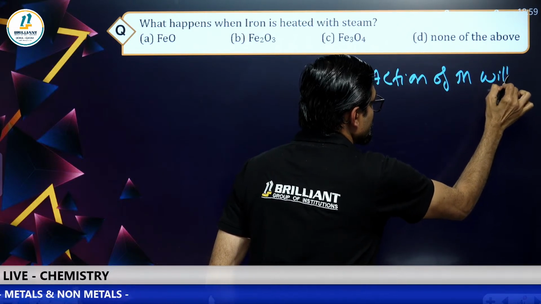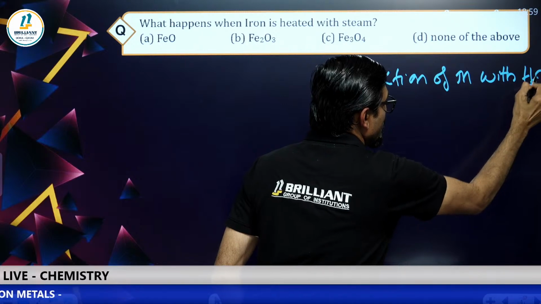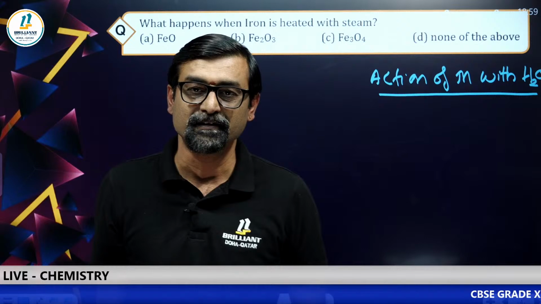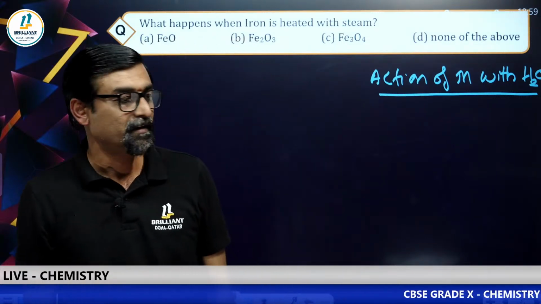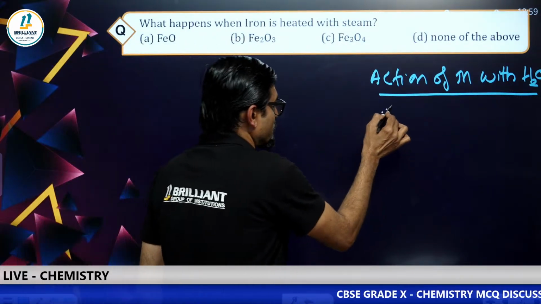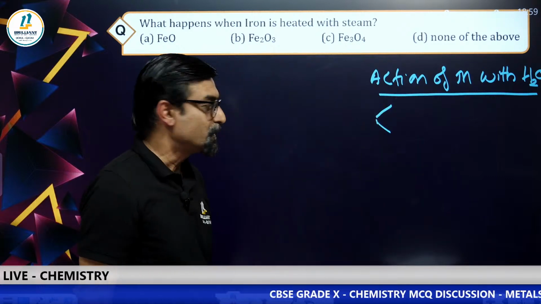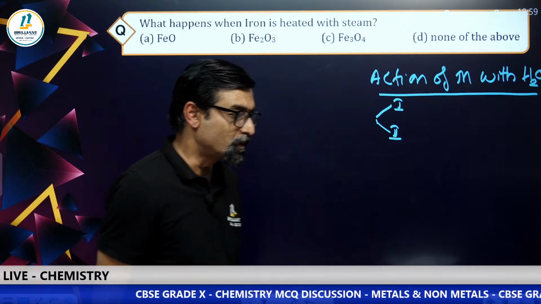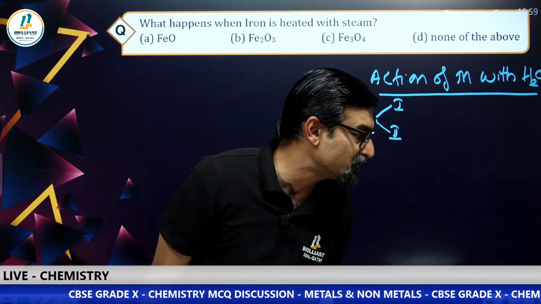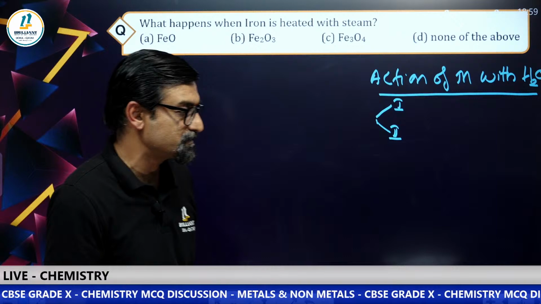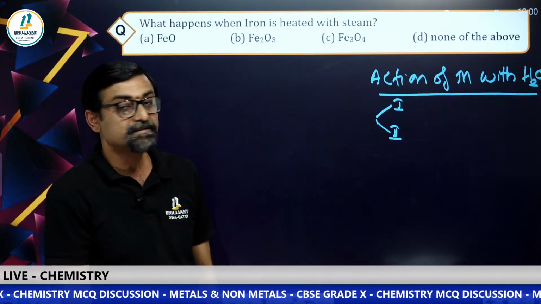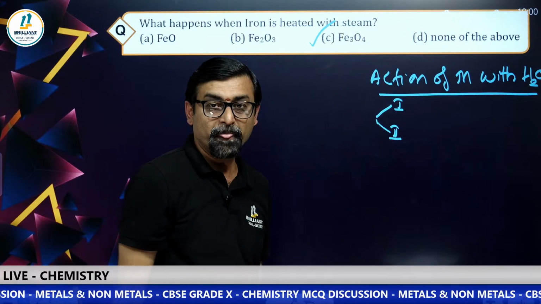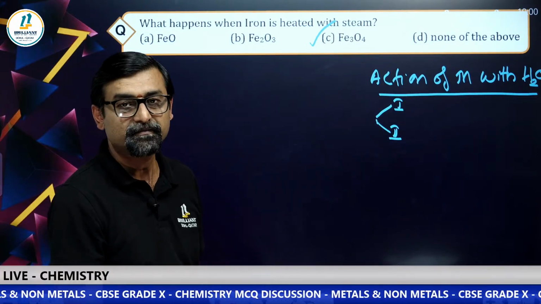This action of metals takes place in two steps, step 1 and step 2. You're all putting the answers, right? Yes. The answer is Fe3O4. Let us see how this answer comes.